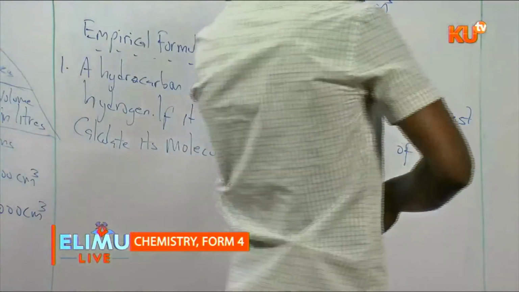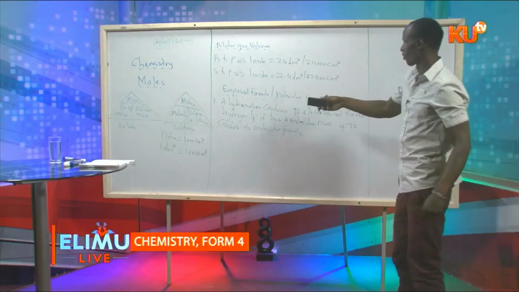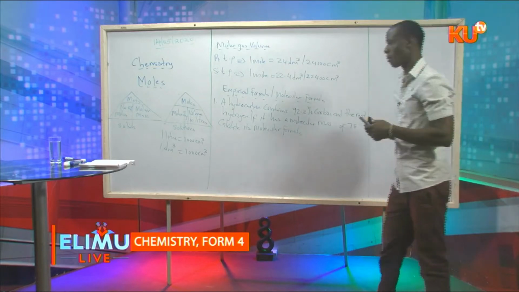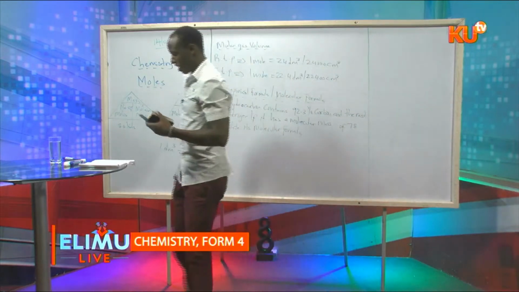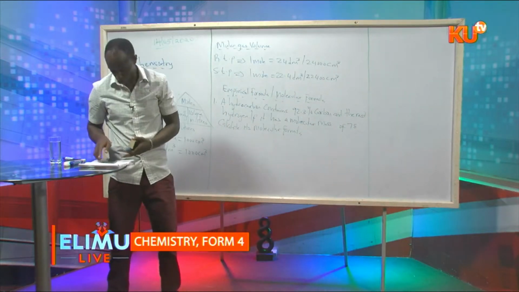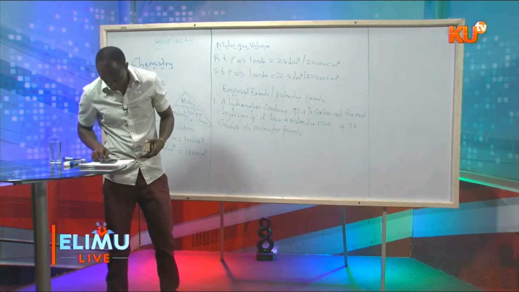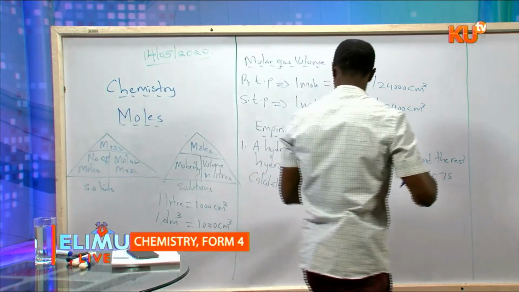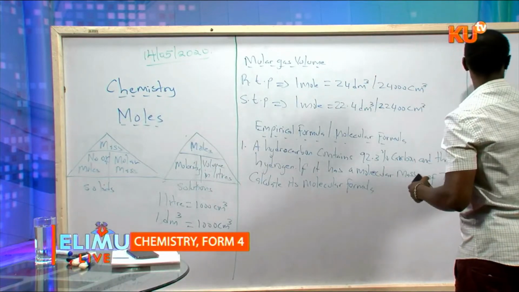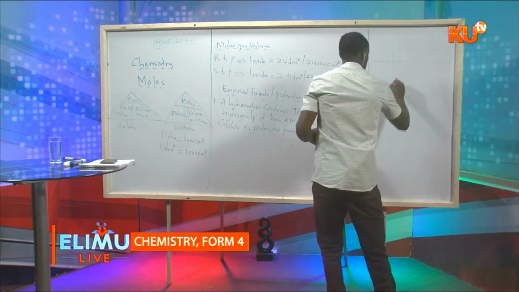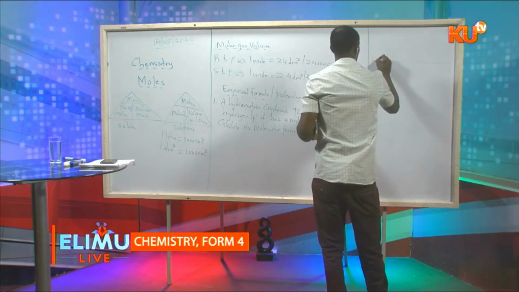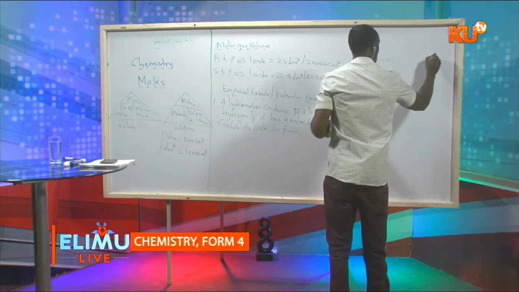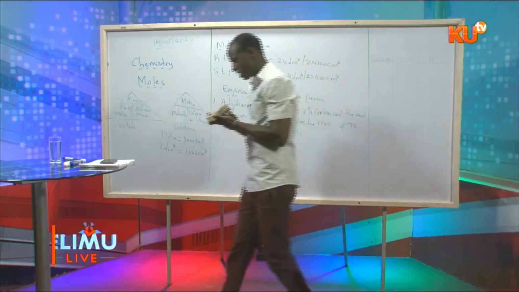So I'll do the solution here. The hydrocarbon contains 92.3% carbon and the rest hydrogen. So we'll need a calculator, so I want you to have your calculator ready. We want to calculate the molecular formula. So you usually draw a table here and you write the elements. Which elements make up the compound? So we have carbon and hydrogen.